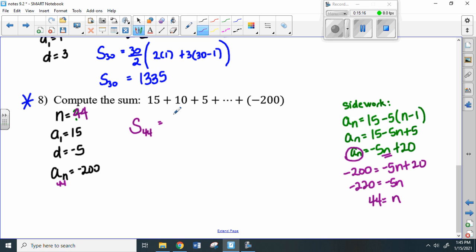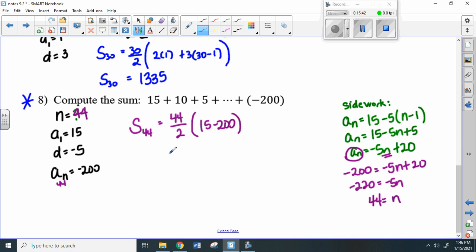And so then I just need to decide which formula to use for the sum. Well, since I know the first one and the last one, I'm going to use the shorter of the two formulas. All right, so I'm going to do n divided by 2 times a1 plus a sub n. And plus a negative, sorry I got sloppy on you, is a minus.